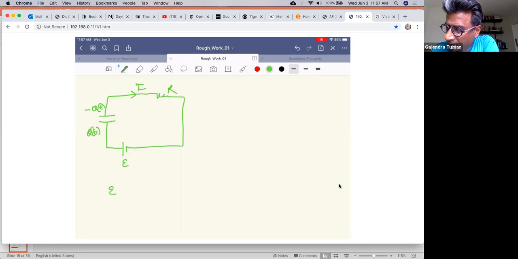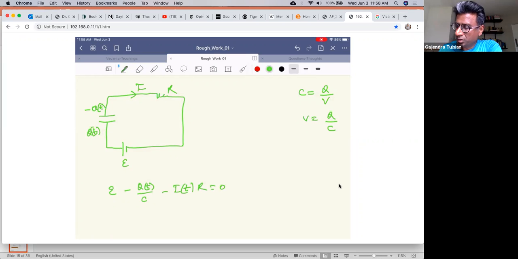That's E. The voltage across a capacitor is Q over C, so at a given instant, the change in voltage across the capacitor is minus Q over C. Then you're going across the resistor, it's minus IR, with I as a function of time. So there is your equation using Kirchhoff's loop rule.